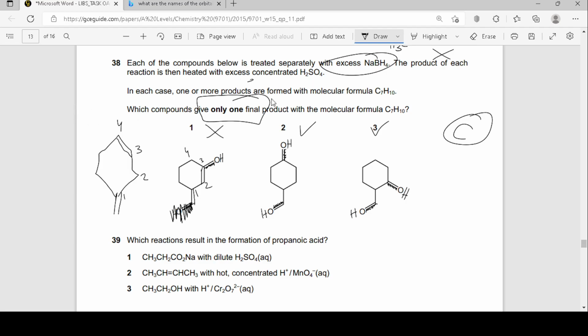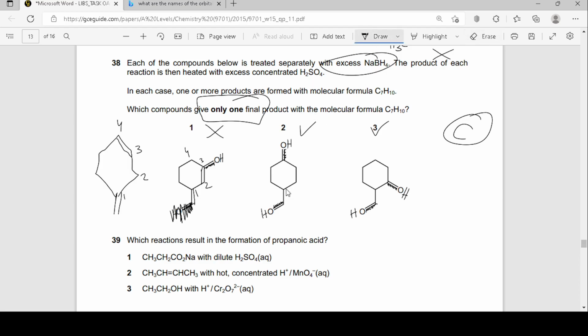Which compounds give only one final product with the molecular formula C7H10? Yeah, I think I'm right. So the answer should be C, but let me just check the other ones out as well.